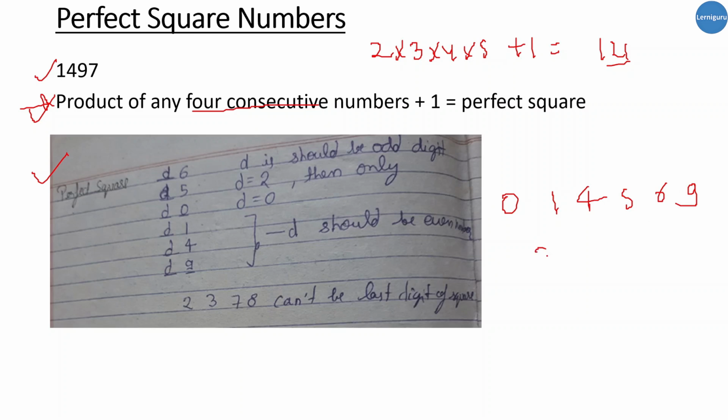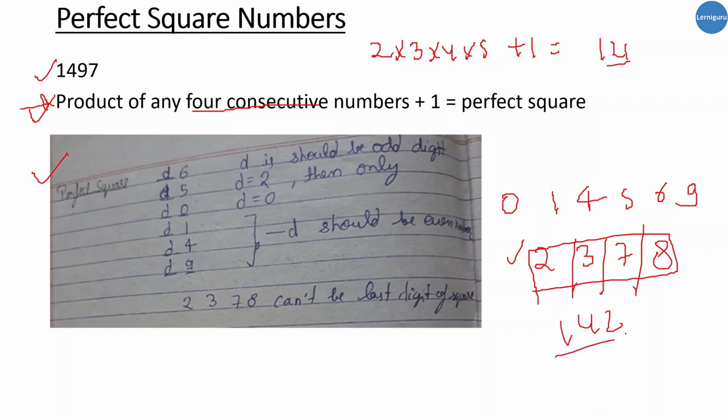Any number ending with 2, 3, 7, or 8 cannot be a perfect square number. Like let's write a random number, 142. This will not be a perfect square because it is ending with 2. Numbers ending with 0, 1, 4, 5, 6, 9 may or may not be a perfect square number.